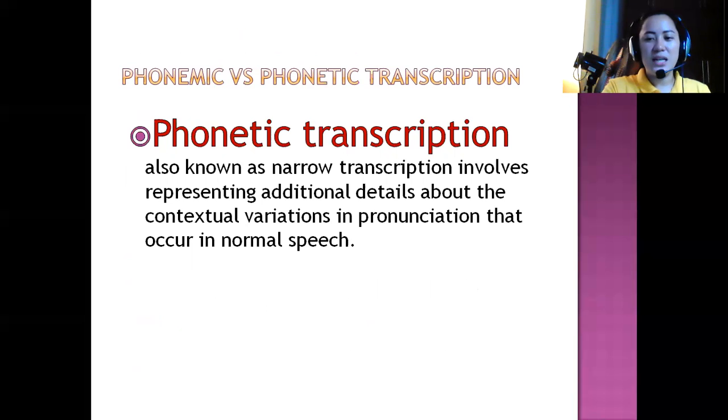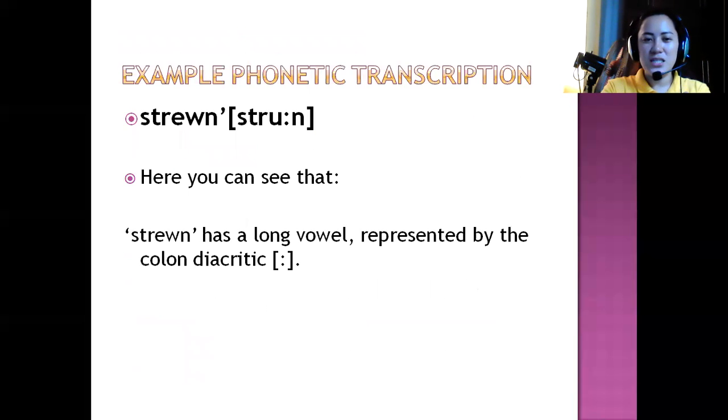So with phonetic transcription, you will see the difference between the phonetic and the phonemic transcription. It is again using a square bracket, and the details are included, like in strewn. Here you can see that it has a long vowel represented by the colon diacritic. So strewn means it's a long oo.